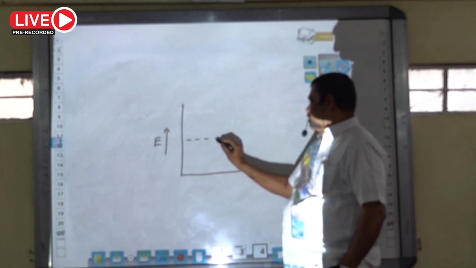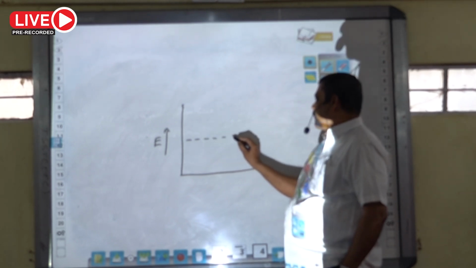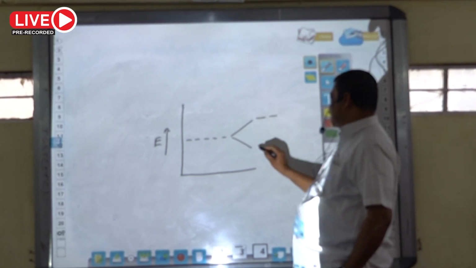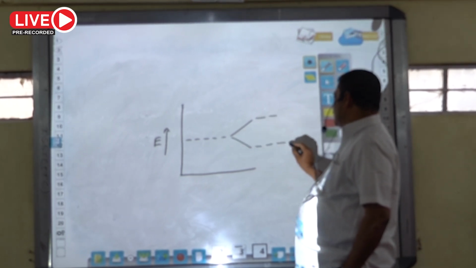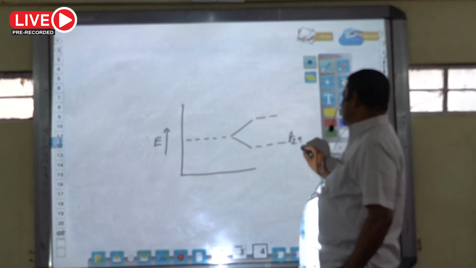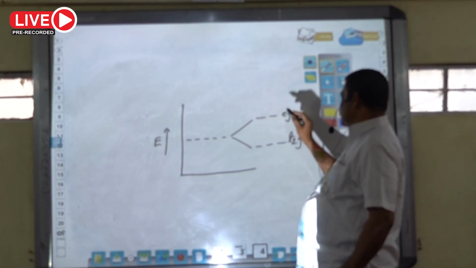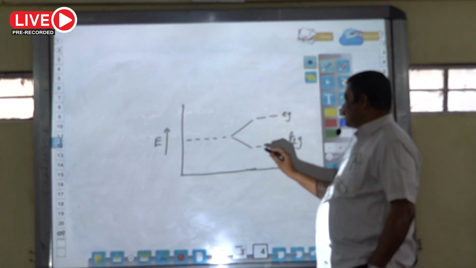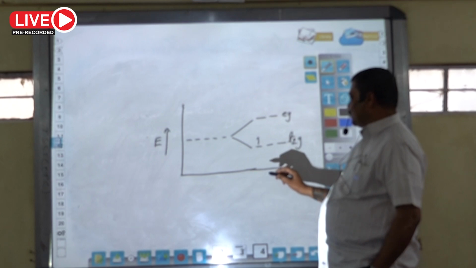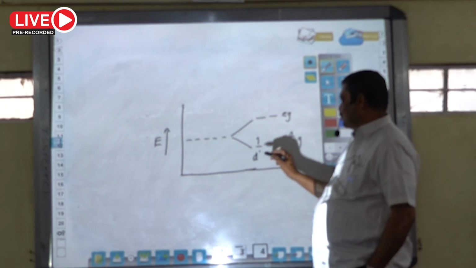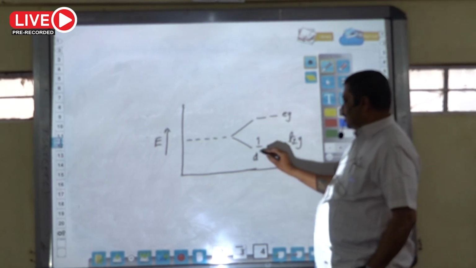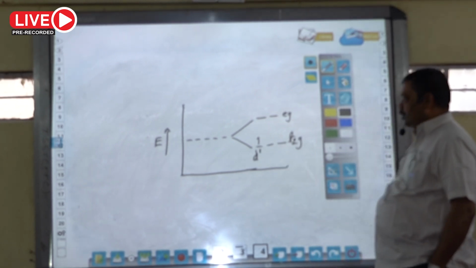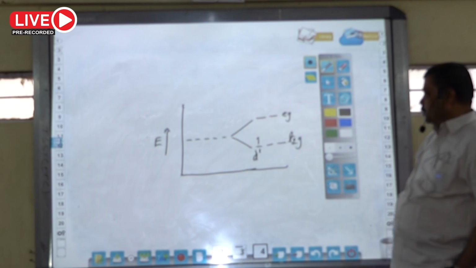The 5 d orbitals, when they split into two sets, t2g set and eg set, for d1, the single electron should occupy the lower energy t2g.